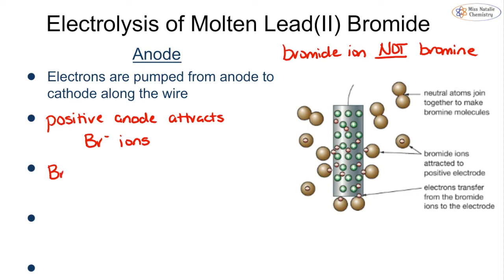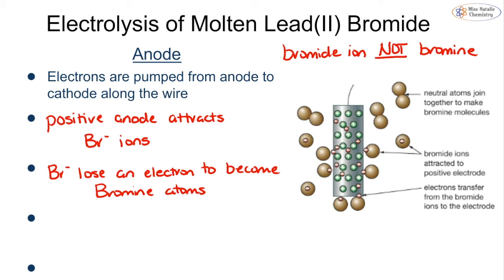Bromide is the ion. So our positive anode attracts those bromide ions. The bromides lose an electron because they're negatively charged. They have an extra electron, and they lose that to become bromine atoms. So that electron is then going now from the ion into the electrode, which can then go along the wires back to the cathode.